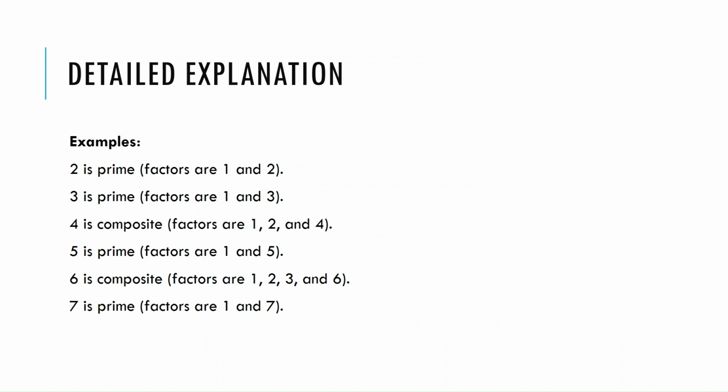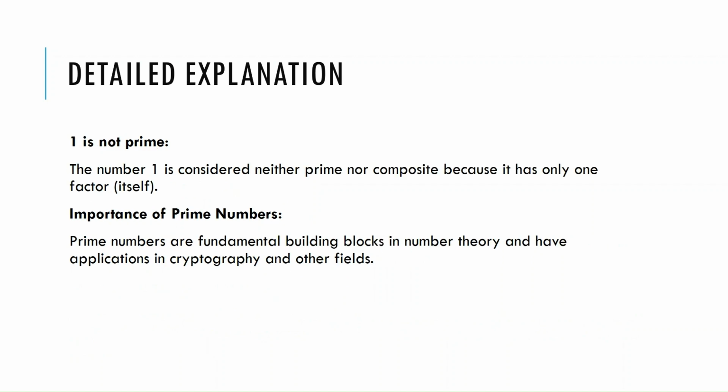Whereas 5 is a prime number. It has only two factors, 1 into 5, 5 into 1. Similarly, 6 is composite, 7 is prime. Also, the number 1 is not prime. It is neither prime nor composite because it has only one factor, which is itself.